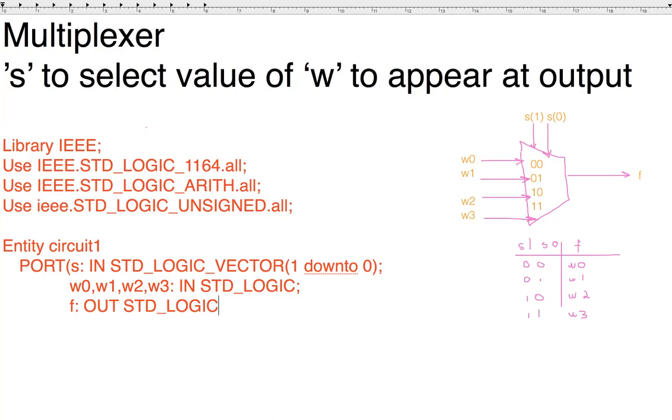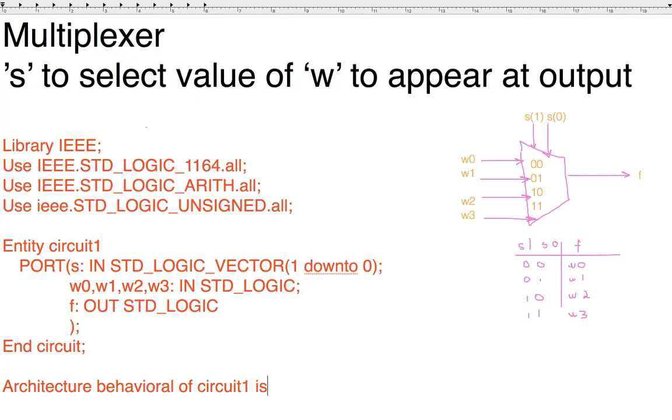It's not going to take the value of the select. Remember for your last port, you have the parentheses and the statement ends with a semicolon after the parentheses, and then you end your entity. Then we have to do the architecture behavior, the behavioral of your circuit name for your entity.